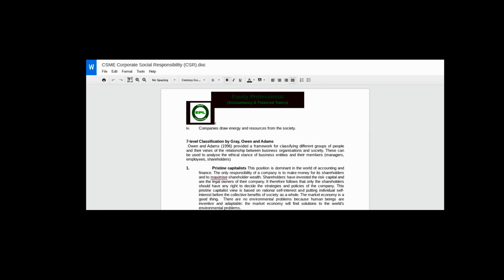And if they bring Adams first instead of Gray, you see the same. You are going to see these three names in the exam that discuss comprehensively on Adams, Gray, and Owen, or Gray, Owen, and Adams, 7-level classifications or perceptions about CSR.